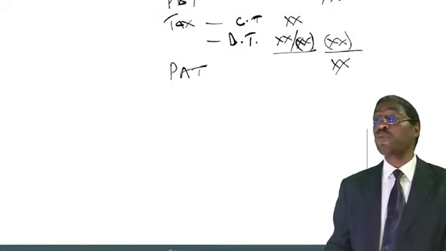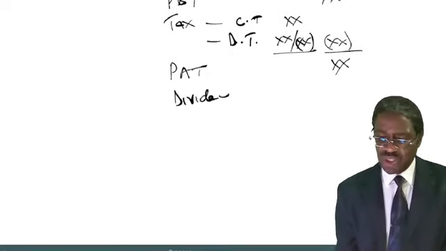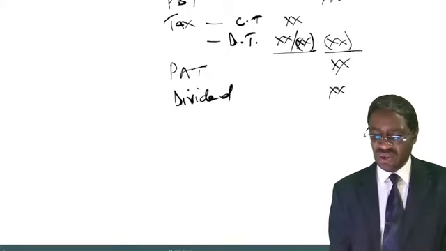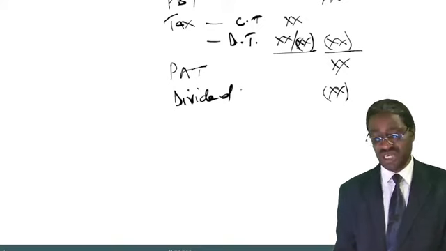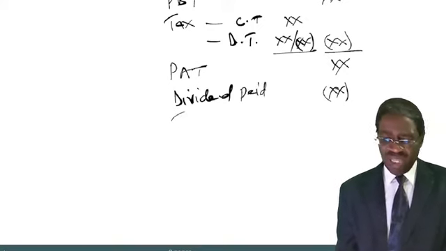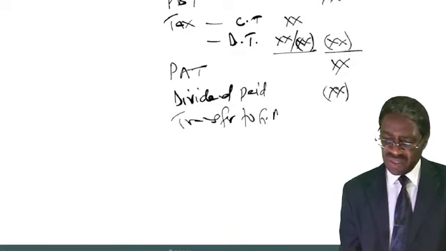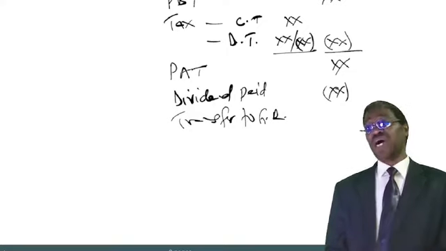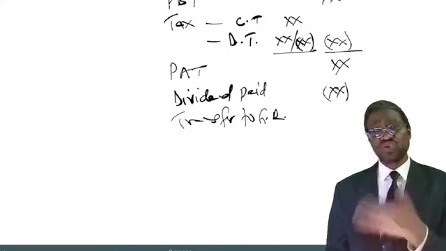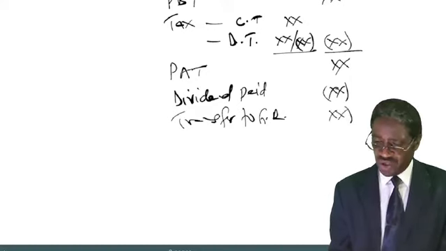You used to have appropriations in the form of dividends, maybe dividends paid during the year. Maybe there were transfers to general reserve. Maybe out of your profit after tax, the company decided to transfer some amount to the general reserve. Whatever it is, you had to deduct it.